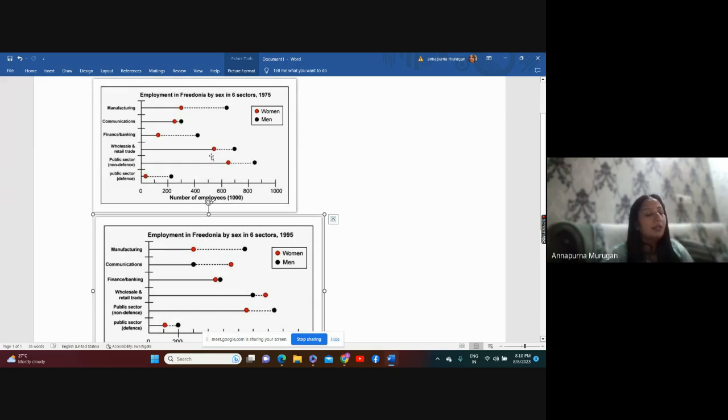Don't write the same monotonous idea. Please develop a different way of analysis, because if you want to get more than band six in your writing task one, you need to think in a different way; your analysis of the graph should be different, guys. You don't see what is given, you see what they are expecting you to see from this. So your way of analysis should be different.